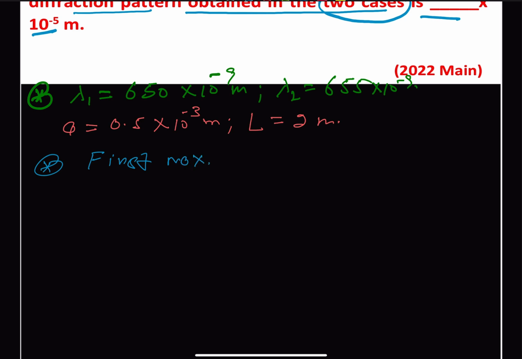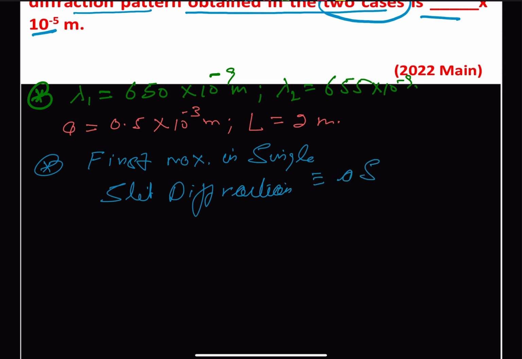First maxima in single slit diffraction is a sine theta is equal to 3/2 times lambda.